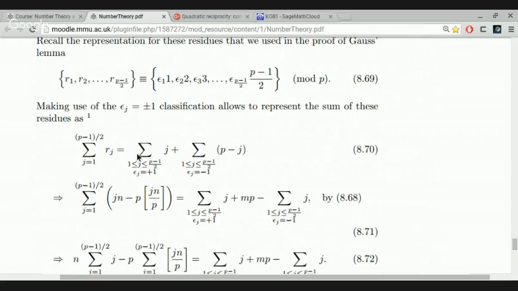So there'll be some of these numbers which have positive signs attached to them. Those are packaged into this first summation here. The other numbers from this set, which have a negative sign attached to them, well, we re-negative them, so to speak. The ones that have a negative epsilon sign attached to them are, as residues rj, actually equal to p minus j.